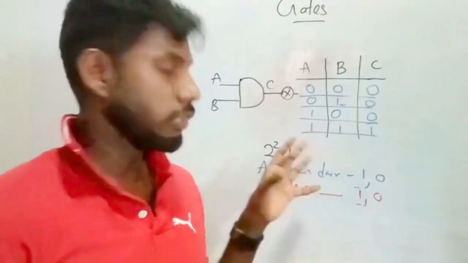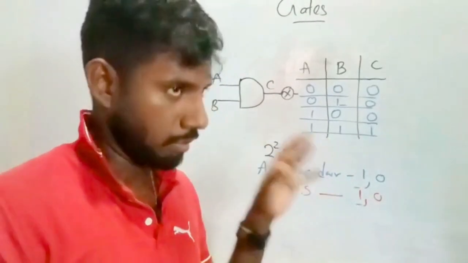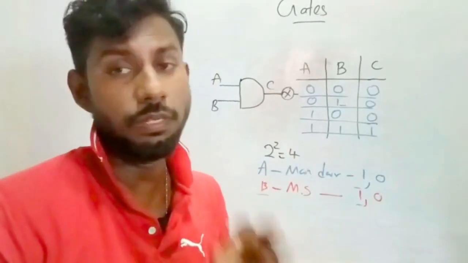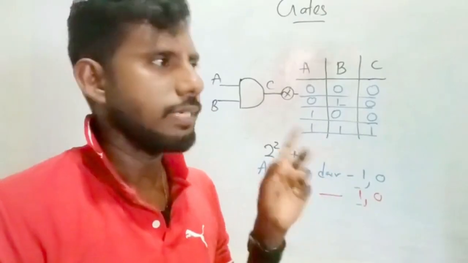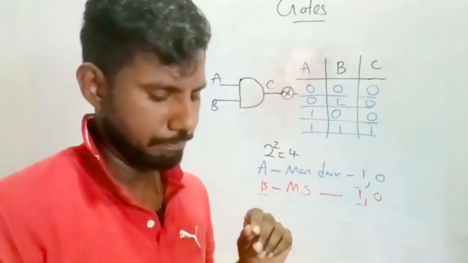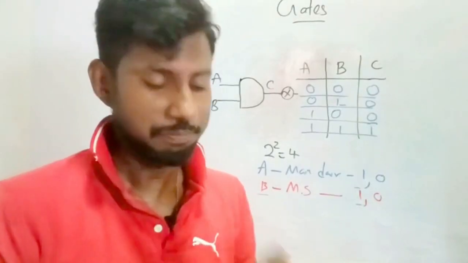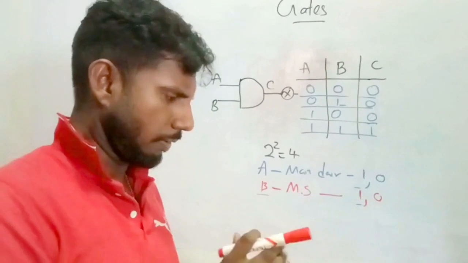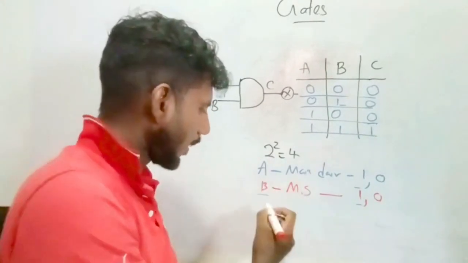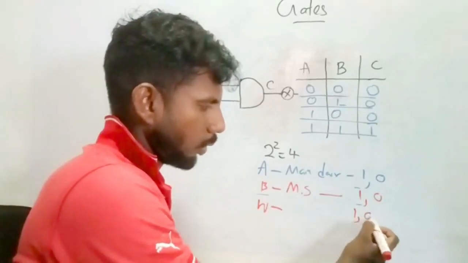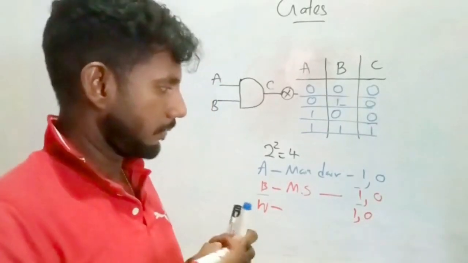Regardless of these two situations, even if they are met or not, when a window is open, the alarm has to go on, right? Let's say W. So open window, we can take it as 1 and closed window 0, right?